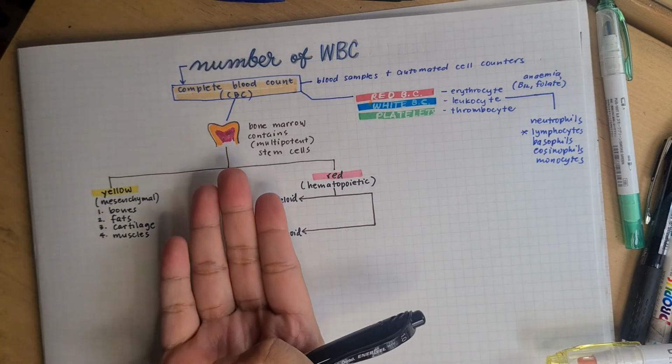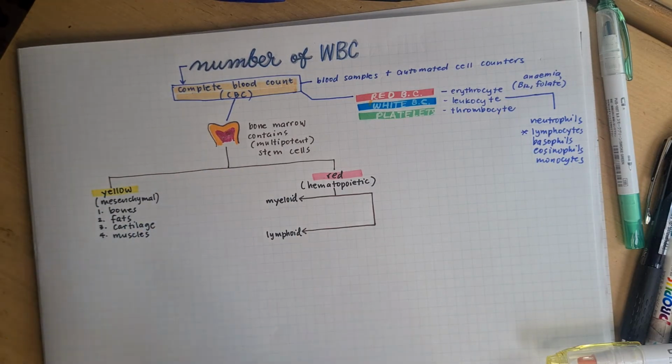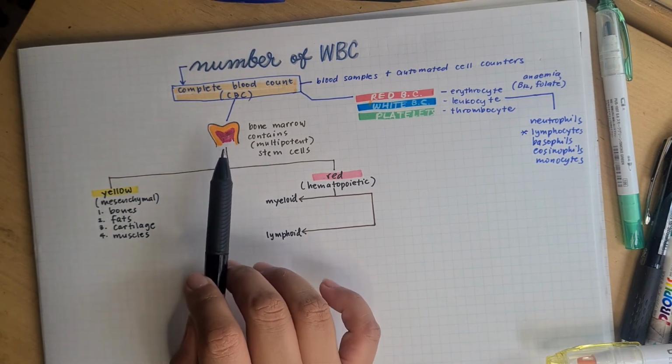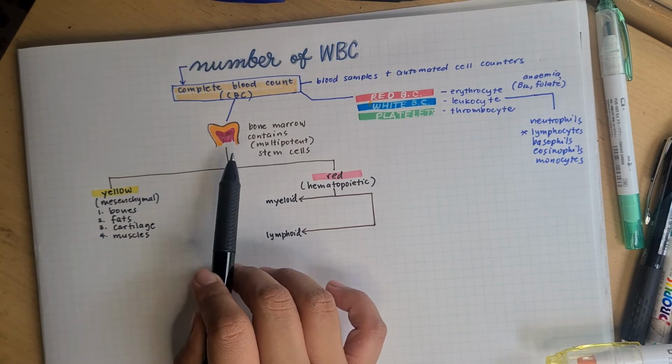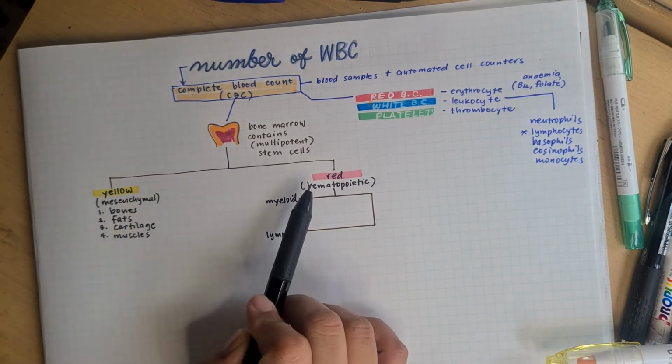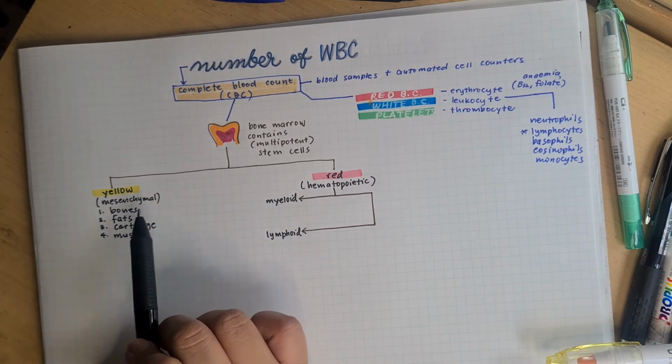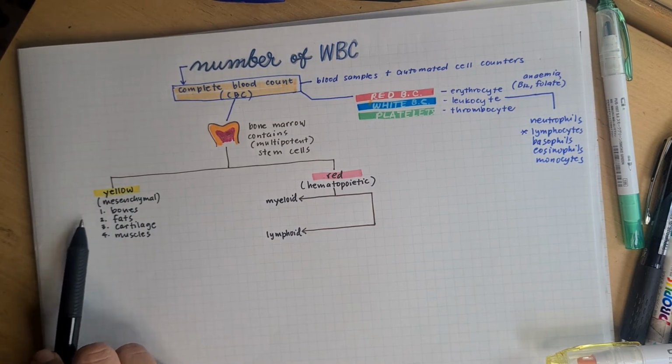In this case, we have the bone marrow, and the bone marrow stem cells are actually classified into two. We have the yellow one and the red one. The yellow one is also known as the mesenchymal cells, which gives rise to bones, fats, cartilage, and muscles.